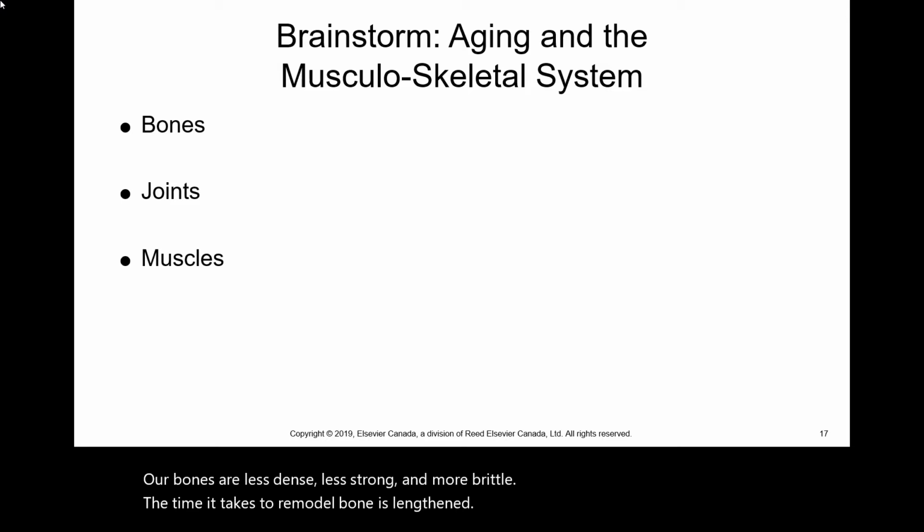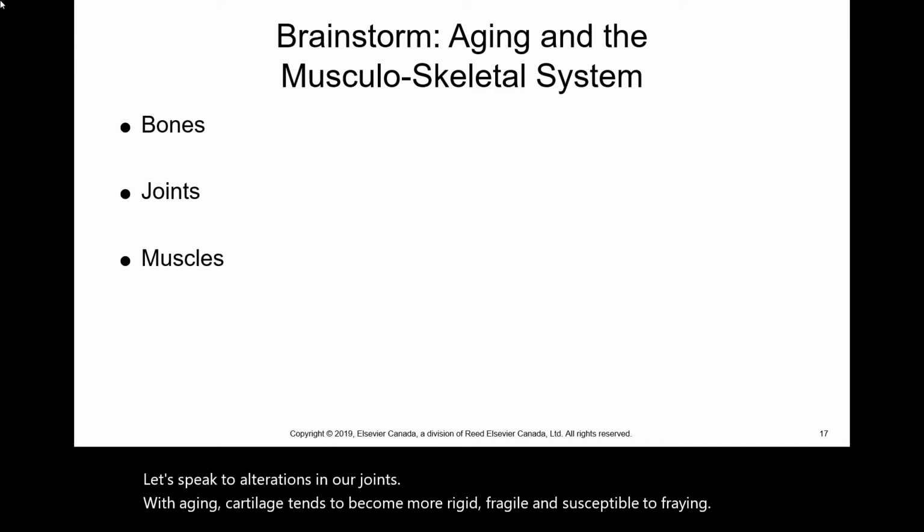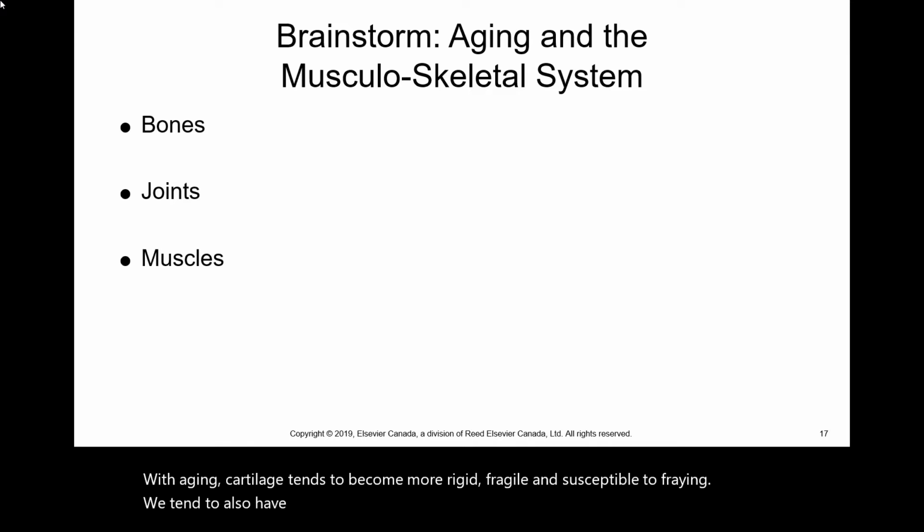Now let's speak to alterations in our joints. With aging, cartilage tends to become more rigid, fragile, and susceptible to fraying. We tend to also have a decreased range of motion at the joint. Lastly, if we're considering muscles, with aging, individuals tend to have a decline in muscle strength.